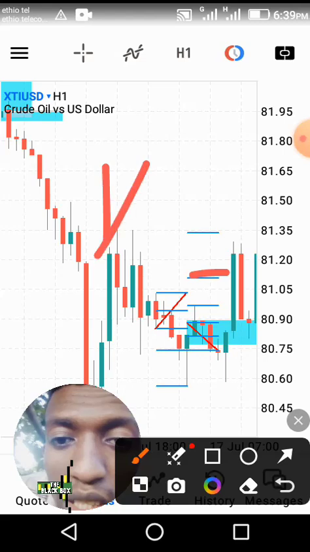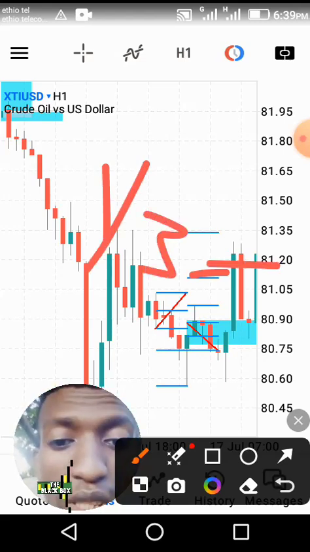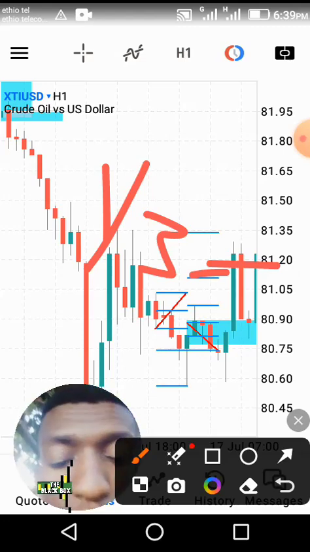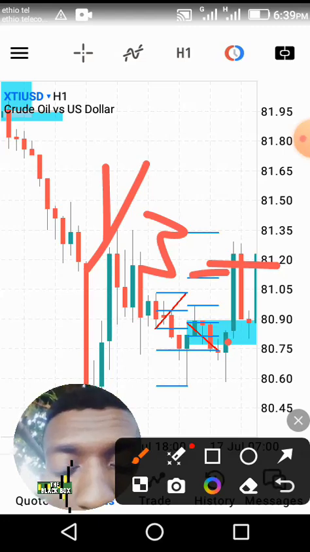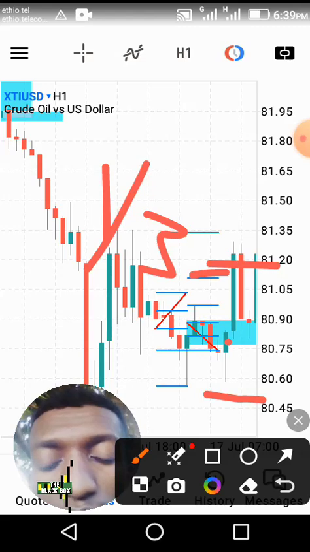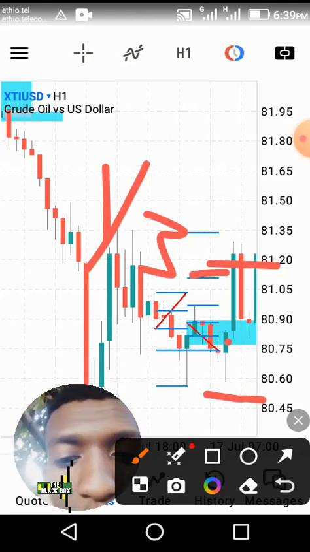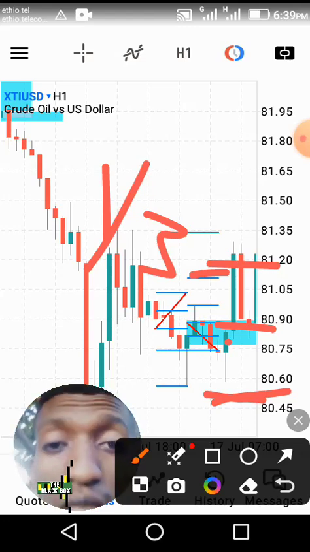One third will be at the break of the 5%. The other two-thirds will be at the silver zone, if your stop loss is close, the area between your stop loss and the silver zone. Two-thirds will be entered, the remaining.